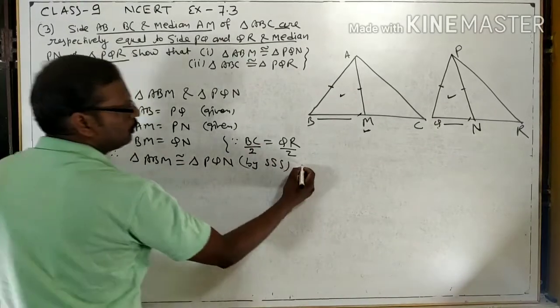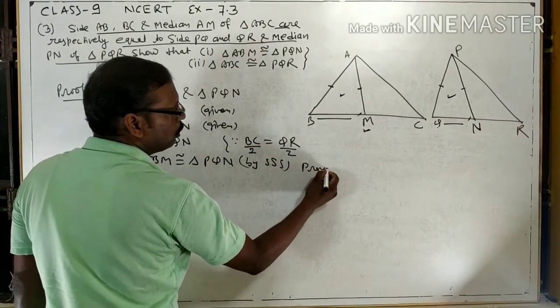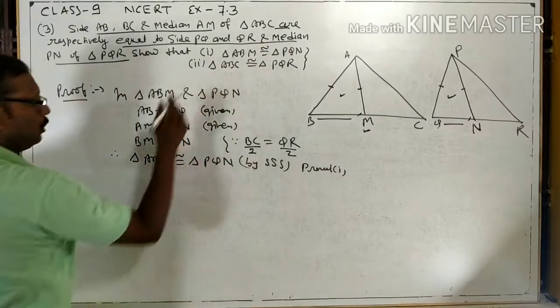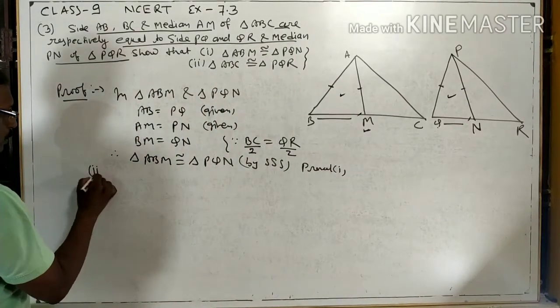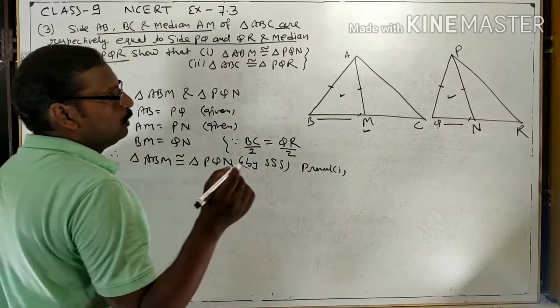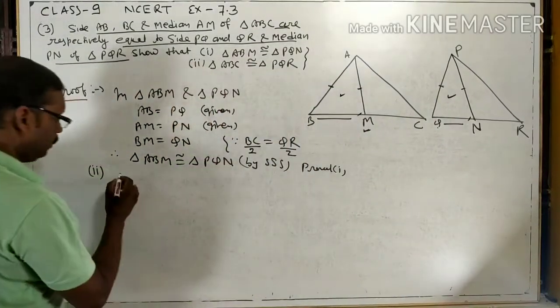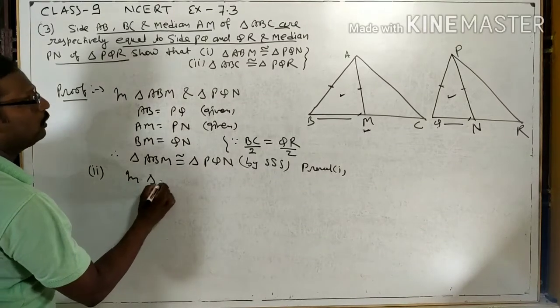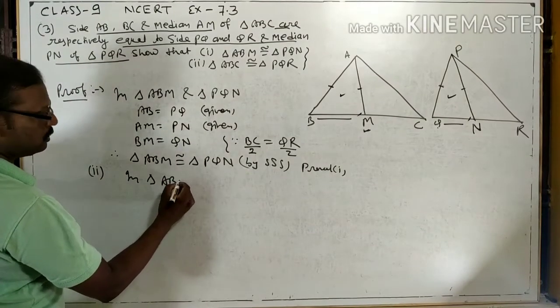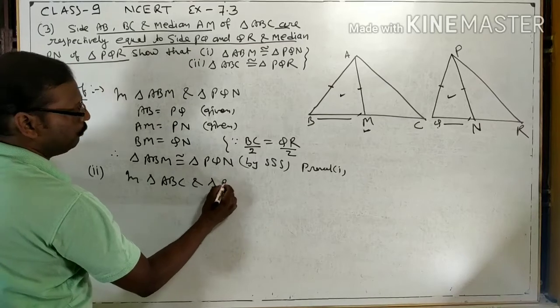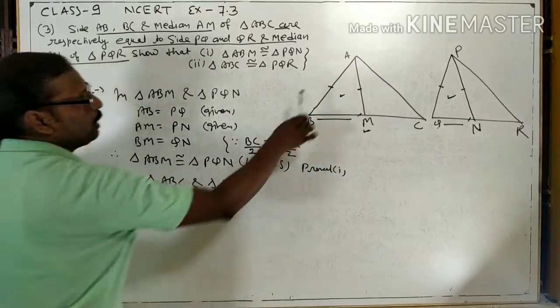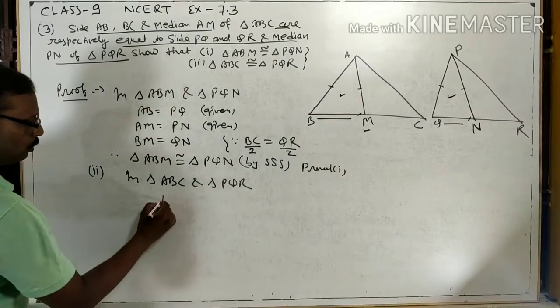This is proved. Now for the second part, in triangle ABC and triangle PQR, we have given AB equal to PQ.